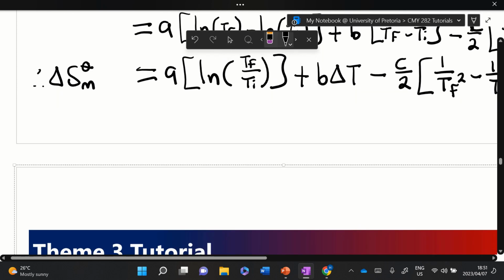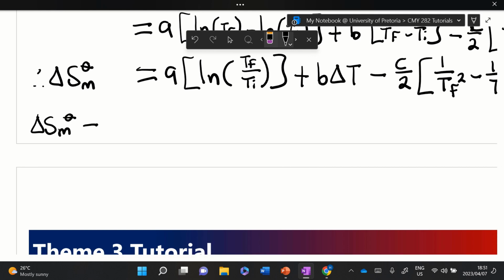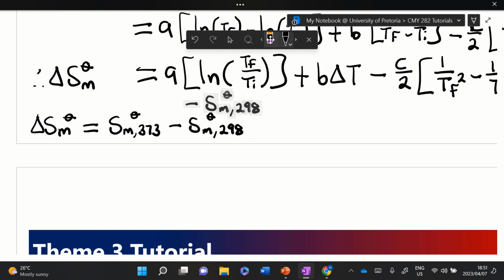Well, the change in entropy would just be equal to the entropy at 373 Kelvin minus the entropy at 298 Kelvin. So in other words, we just need to take this term to the other side. So this term just needs to go across the equation. So let's make it do that.